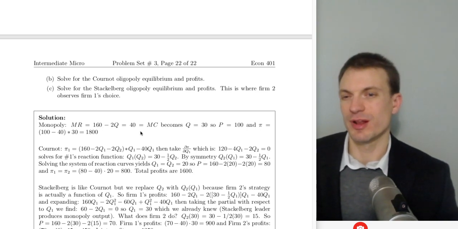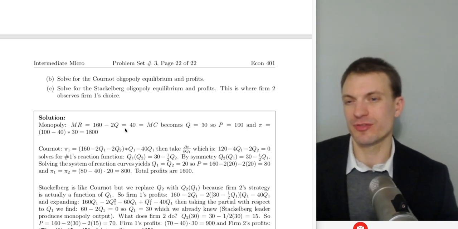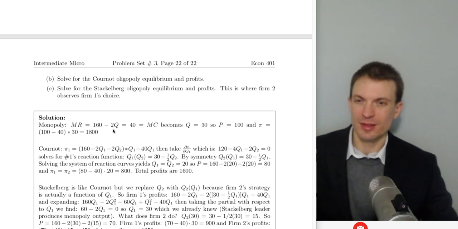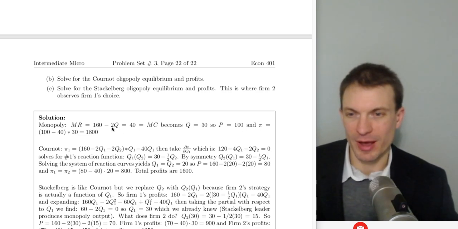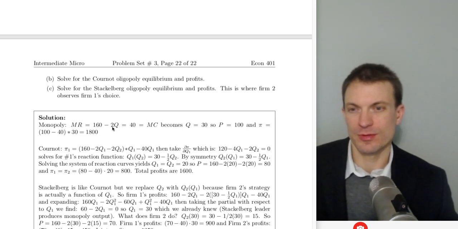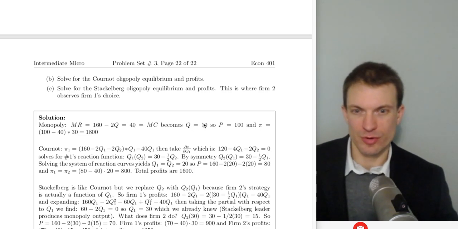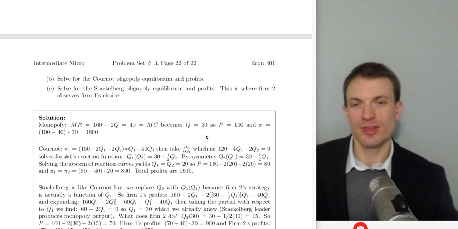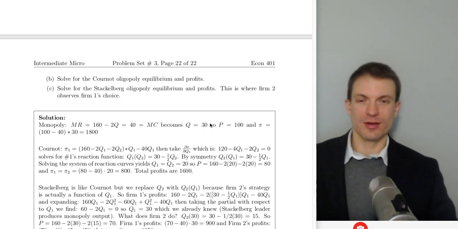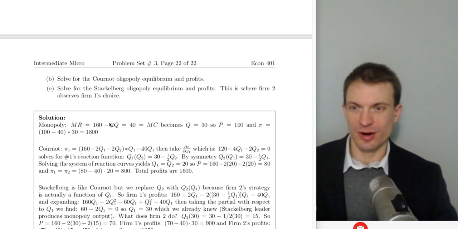So 160 minus 40 is 120, 120 divided by 4 is 30. Yeah, so this is right. This needs to be a 4, but the answer is correct.